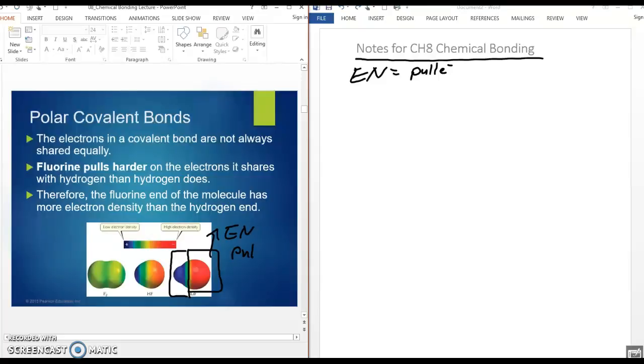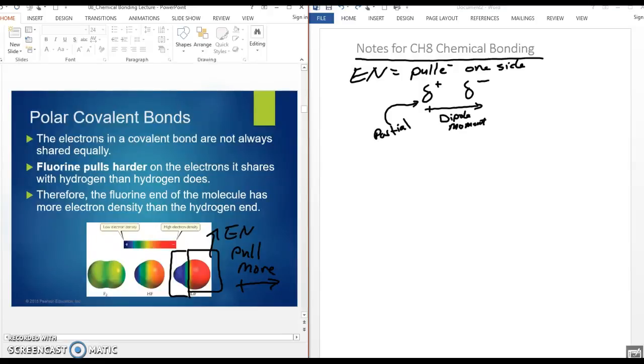It's going to pull more, and it will create somewhat of a dipole of electrons. So pulling electrons to one side creates what we consider a partial negative and a partial positive. We denote that this way. We also referred to this before as a dipole moment, which refers to the length between the positive and negative charges. This symbol right here means partial.